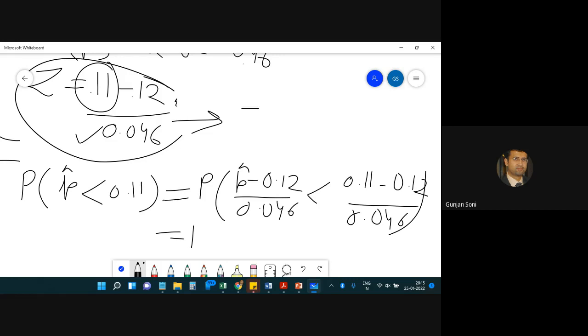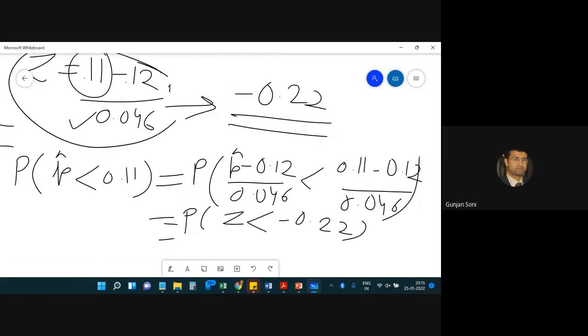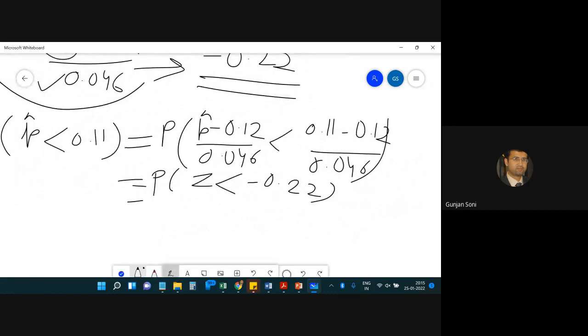So what is the value of z? Minus 0.22. Okay, so what we simply need to find out is the probability that z is less than minus 0.22. Now tell me, what's the value on the left side area? 0.4129.